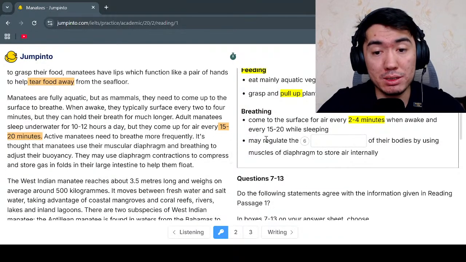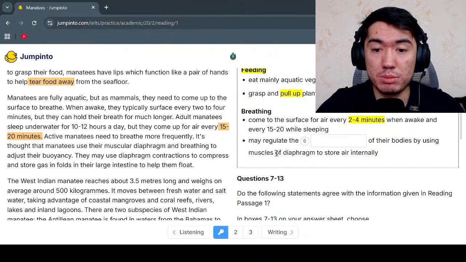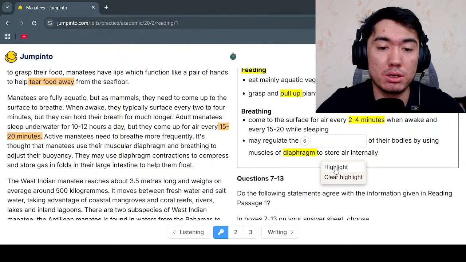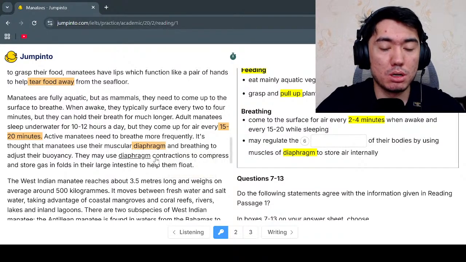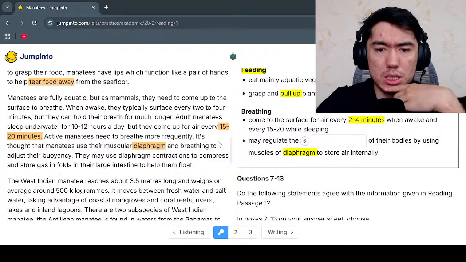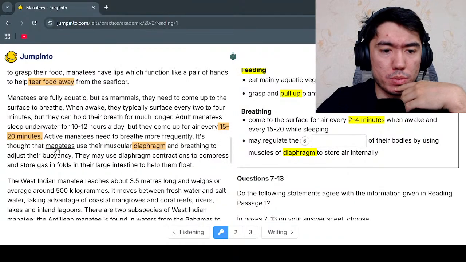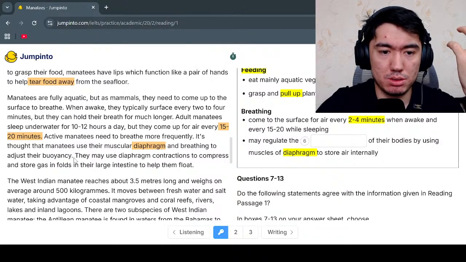So may regulate something of their bodies by using muscles of diaphragm to store air internally. Okay, diaphragm is actually another nice location keyword, can be paraphrased. So is there breathing to adjust their buoyancy?